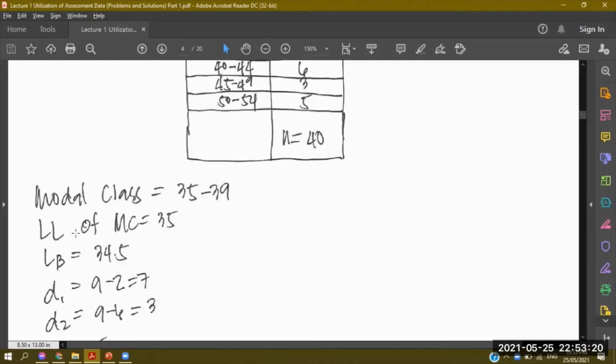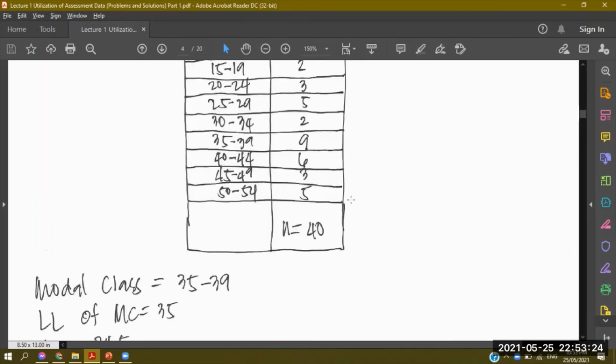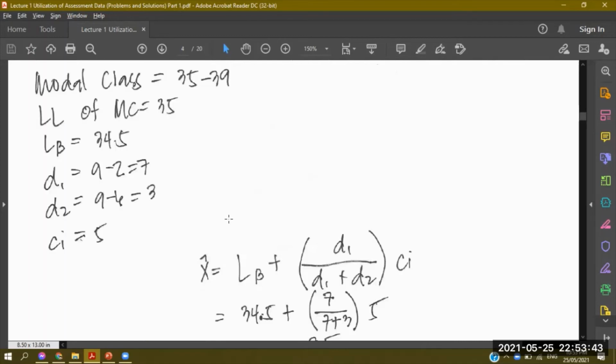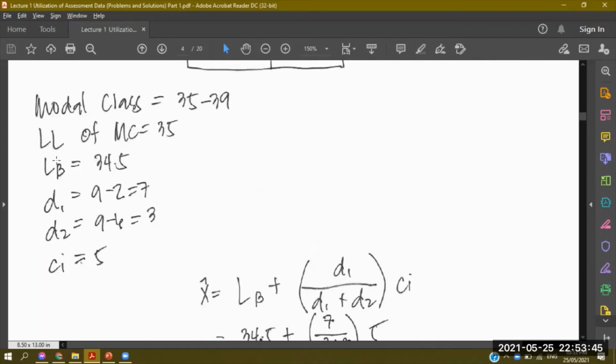Because from this lower limit we can get the lower boundary. How do we get the lower boundary? You just subtract 0.5 from the lower limit. So we have here our value for LB: instead of 35, we have 34.5.